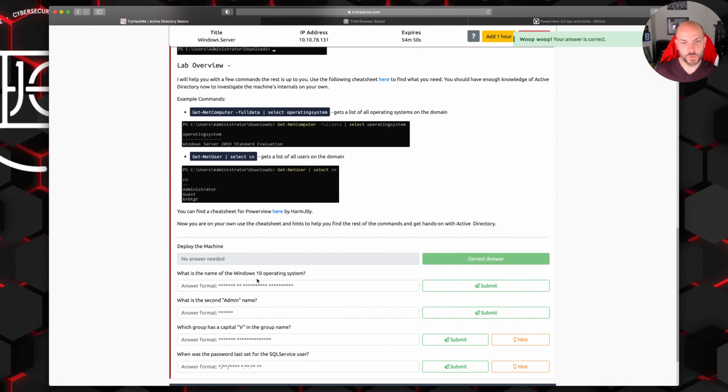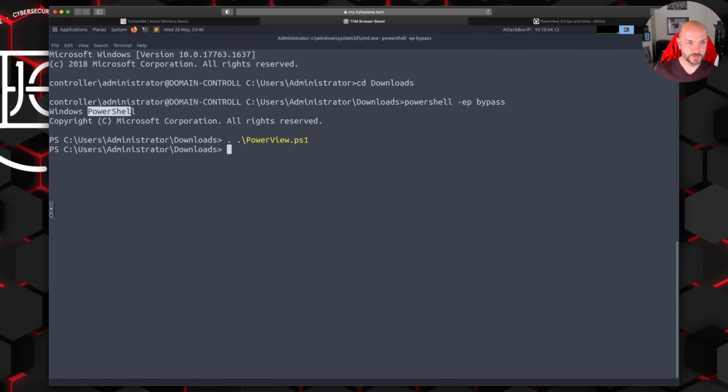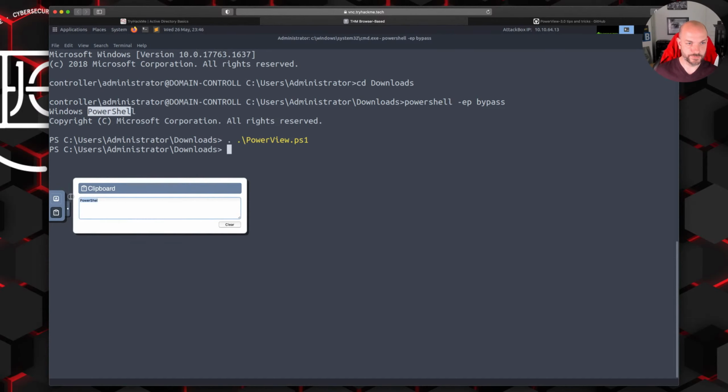What is the name of the Windows 10 operating system? So it seems like this one right here will work for us. Get-NetComputer -FullData, pipe, select operating system. Let's see how that goes. That's not it. There we go.